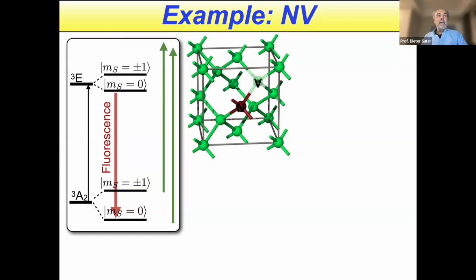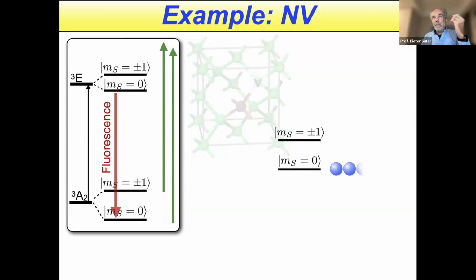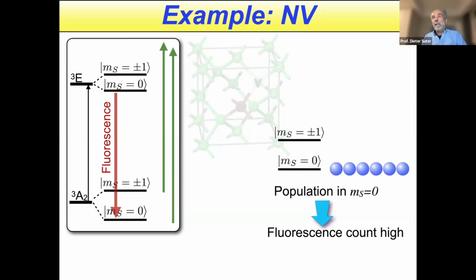As I mentioned, the absorption emission process does not change the spin of the system in first order. That means if you start initially in the ms equals 0 state, you stay in the ms equals 0 state and just go up and down, so you have many fluorescence photons.